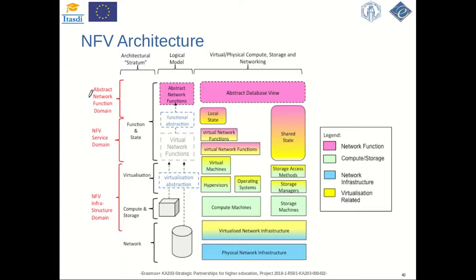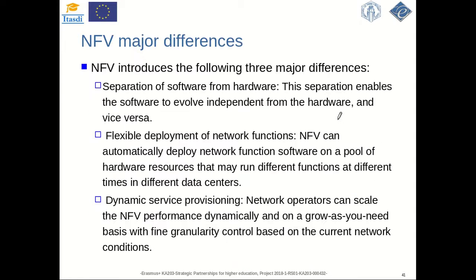So the network is separated into different stratums, and the logical model is given here with the virtual network function. This is how the network architecture for the NFV is shown.